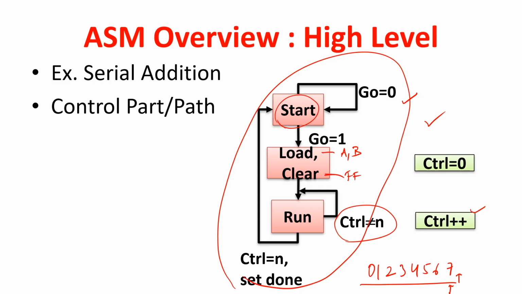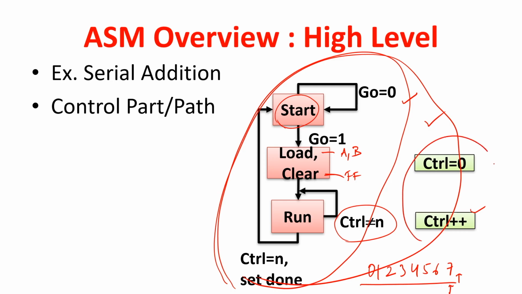At high level we are showing this, but whenever you go and design the ASM, we require a proper way of designing things. At high level we have shown what the controller looks like, and this path may not be included, it is part of the data path.